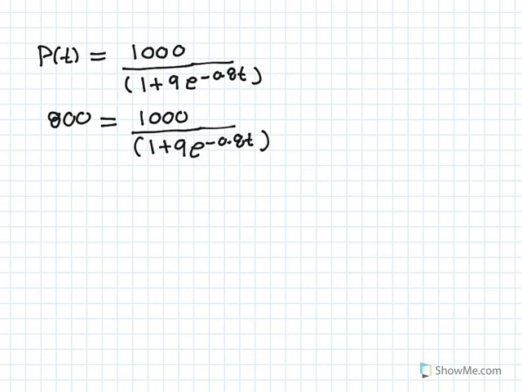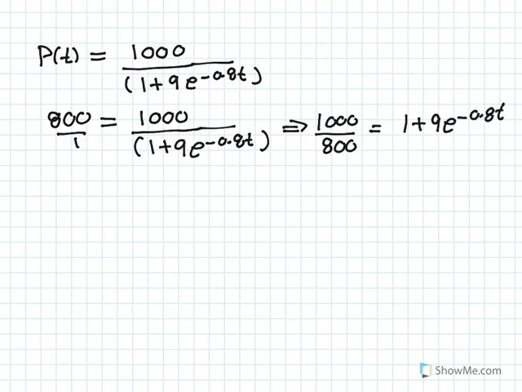Now to solve this, let's divide 1000 by 800. So 1000 divided by 800 is equal to 1 plus 9e to the minus 0.8t. You can also cross multiply and solve it that way, any way that works. So 1000 divided by 800 simplifies to 5 over 4.